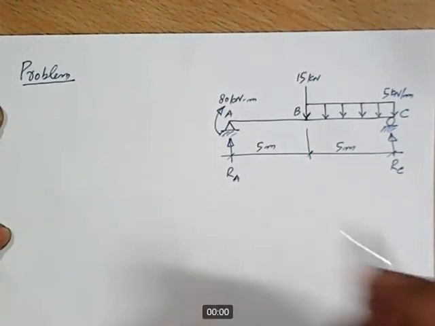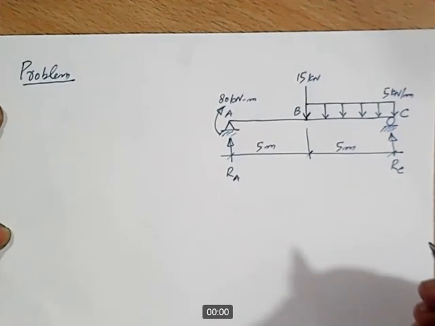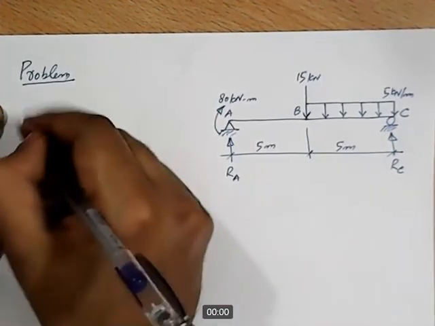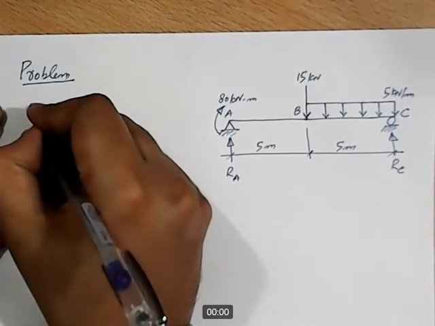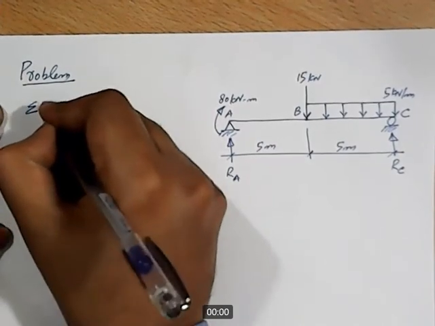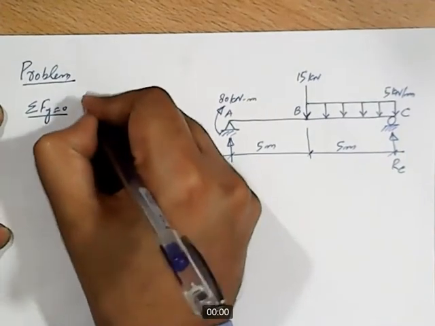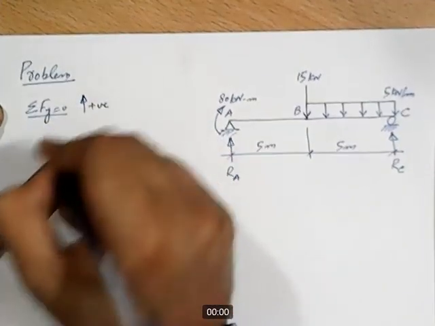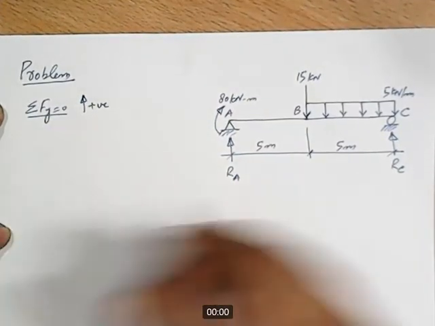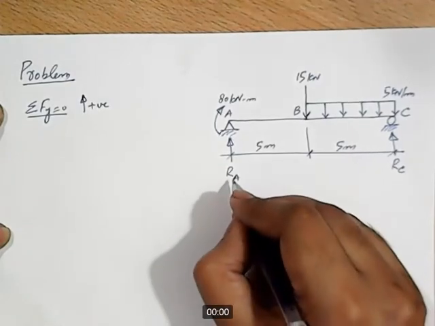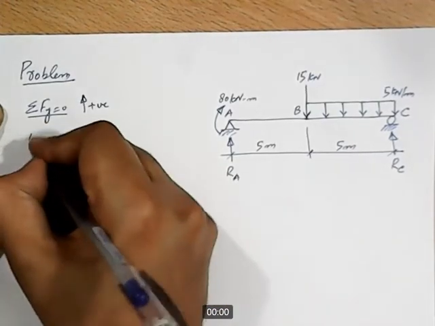Okay, so for reaction calculation, we will apply the conditions of equilibrium. Sigma Fy equal to 0, with upward forces taken as positive. So how many reactions are acting in upward direction? RA and RC.